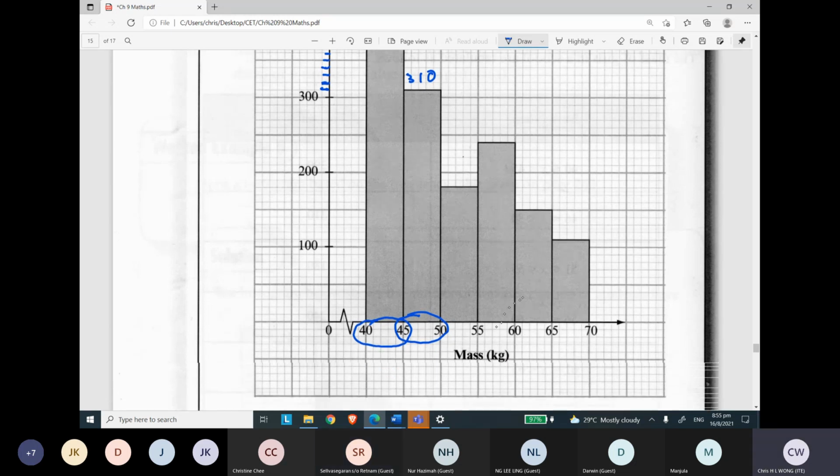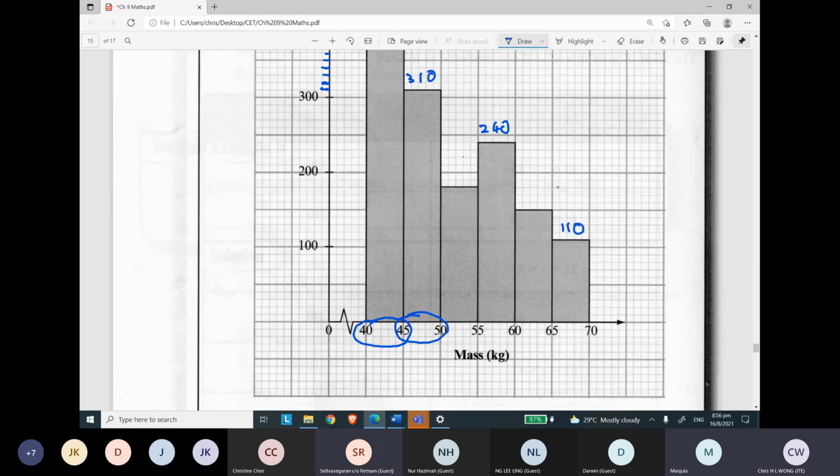Can somebody tell me? 240, yeah. Then between 60 and 65. Between 65 and 70, it is 110.